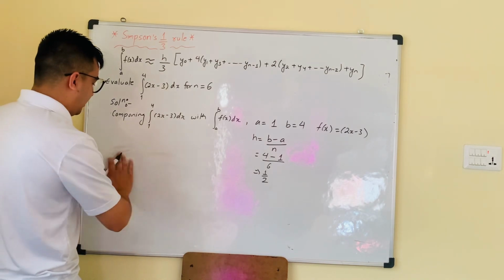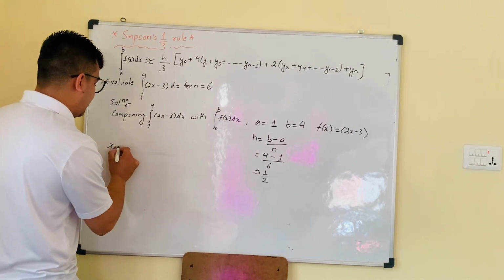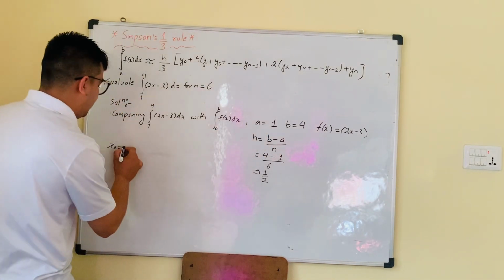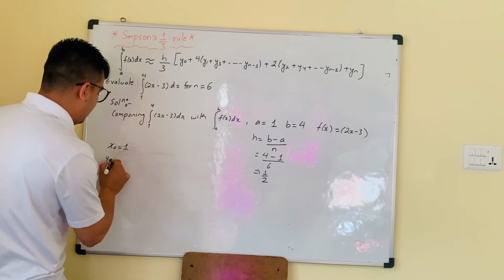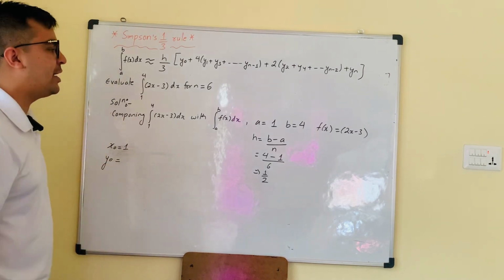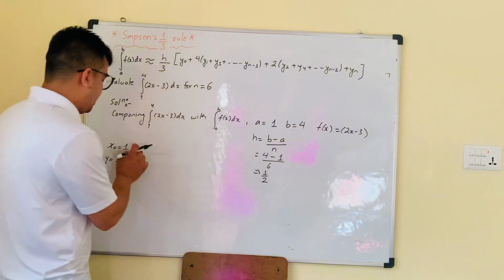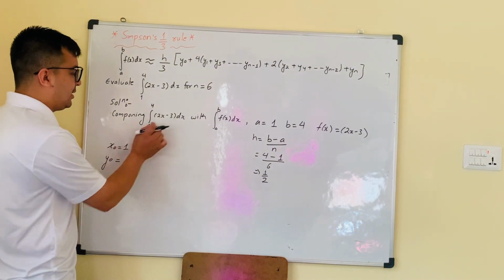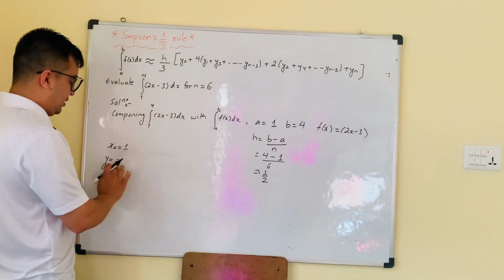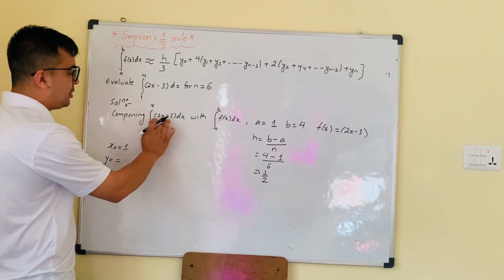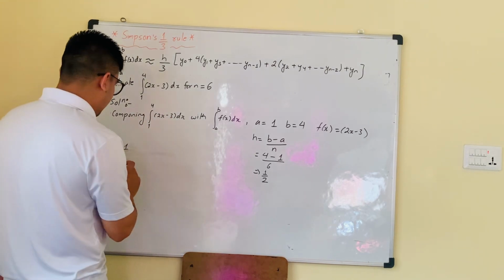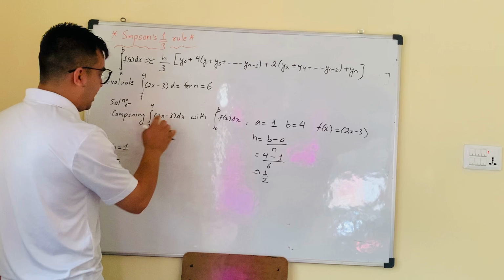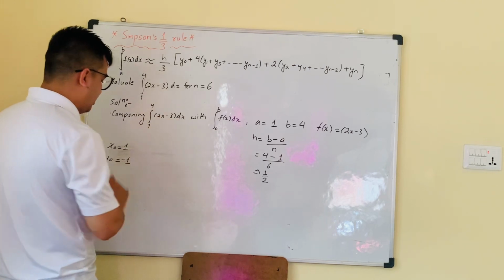If x0 is taken as 1, then y0 is obtained by putting this value of x in the function: 2 into 1 minus 3, which gives minus 1.